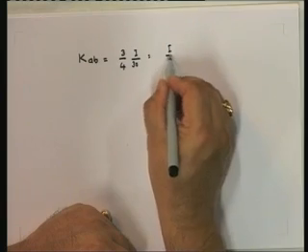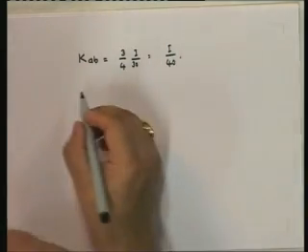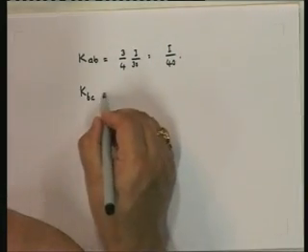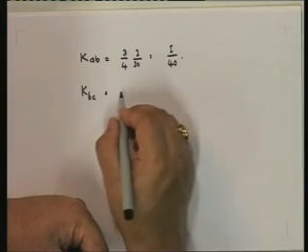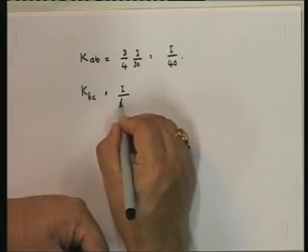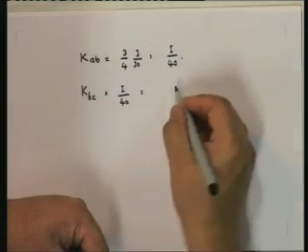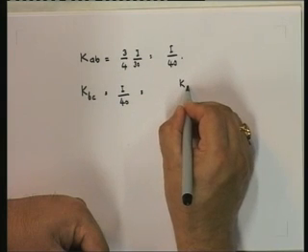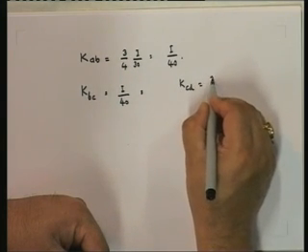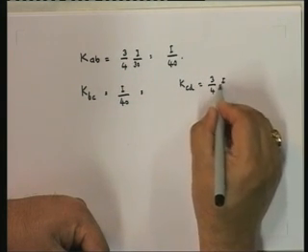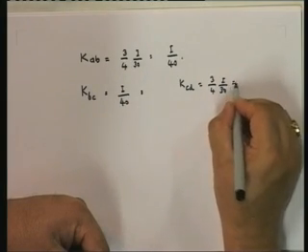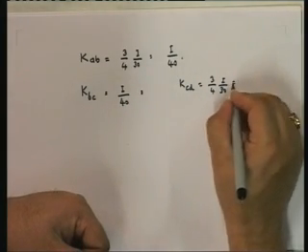So this is equal to I by 40. KBC, since BC is continuous, is going to be I by 40, and KCD is going to be 3/4 I upon 30, because D is a roller, so it's going to be modified.